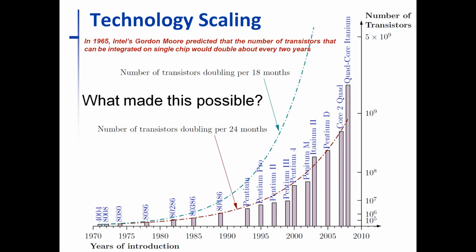What do you think made this possible? This seemingly exponential increase in the number of transistors in a standard computer chip. It seems exponential, right? So what made this possible? How come we were able to increase the number of transistors? What do you think?